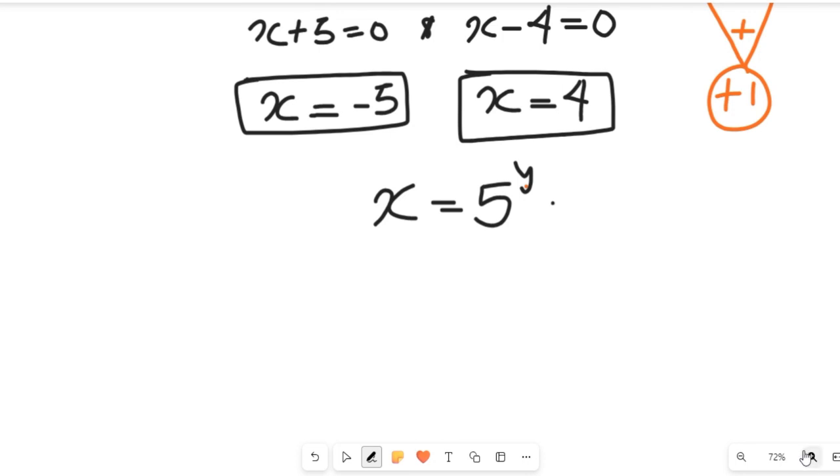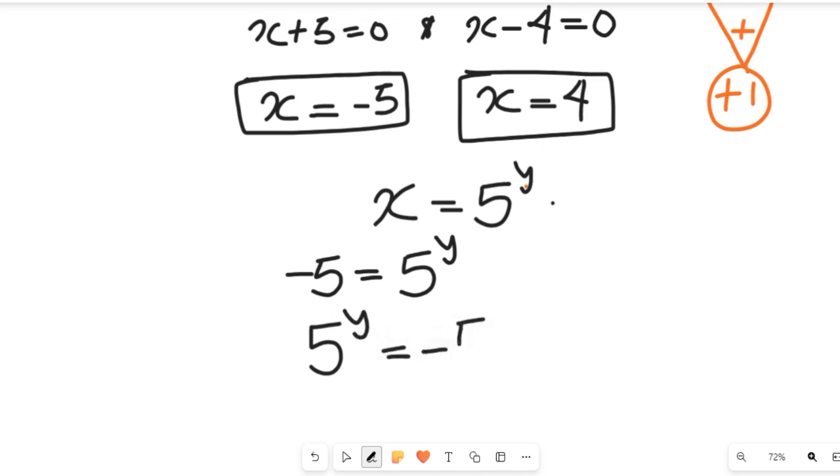On this side, if x is negative 5, that will give us 5 to the power of y equal to negative 5. On the other side, 5 to the power of y is equal to 4. So we are going to solve these two equations in order to find the values of y.